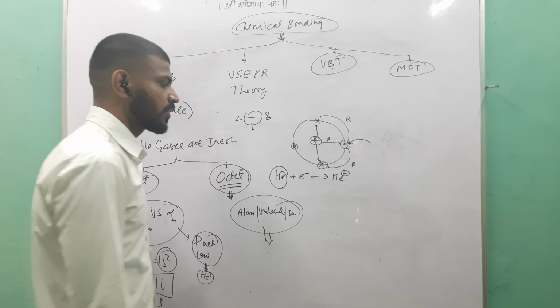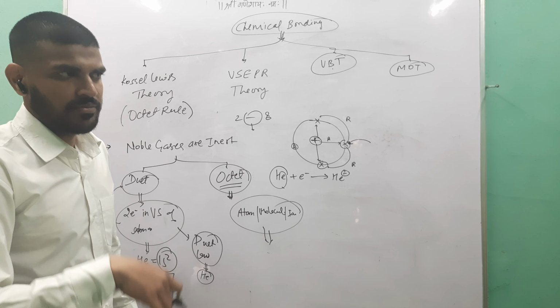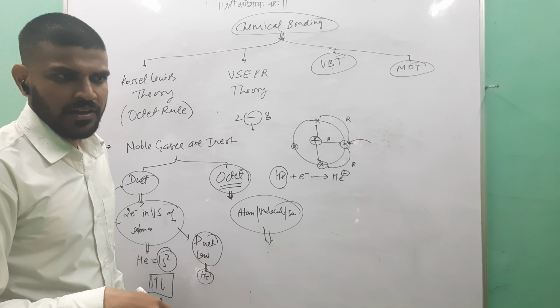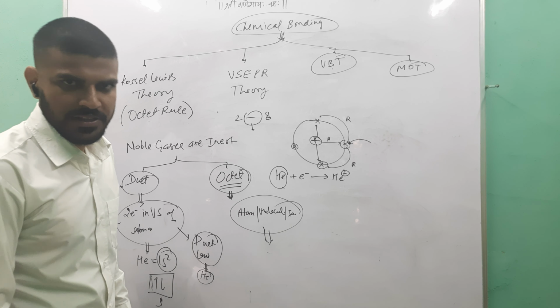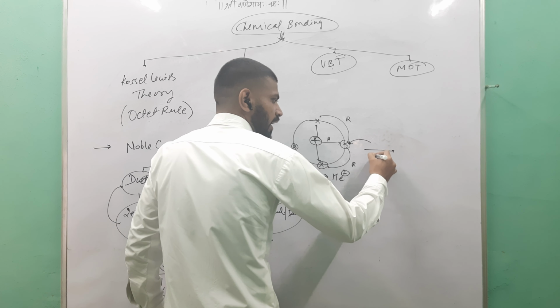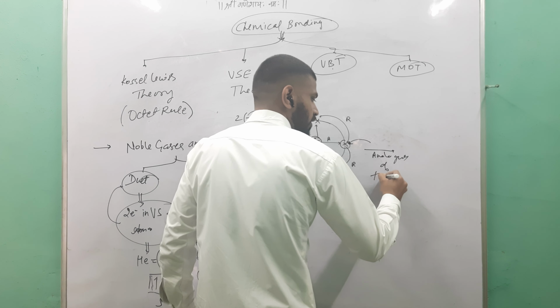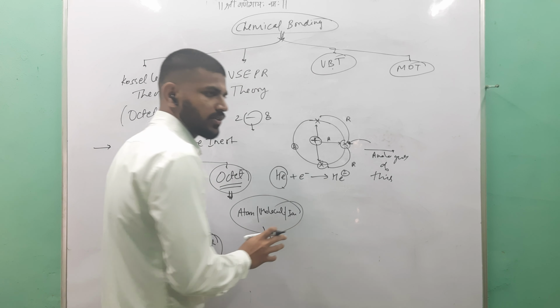Look, this is called a magic number. You have studied about it in a previous chapter, atomic periodic properties. Similarly, by analogy with this concept, we can explain the octet rule.